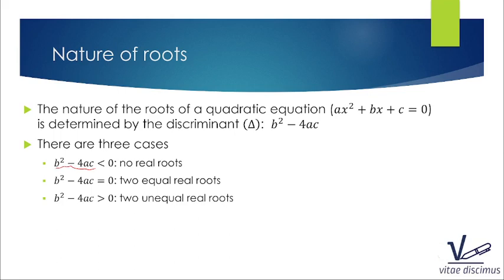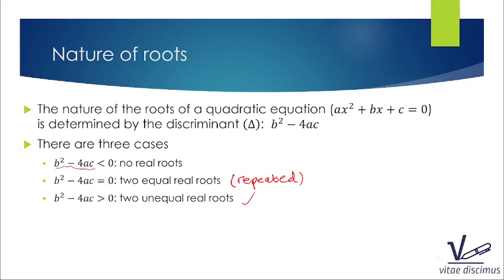And when the discriminant is equal to 0, you have two equal real roots, or what we call repeated roots. And if the discriminant, the b squared minus 4ac, is greater than 0, you have two unequal real roots.